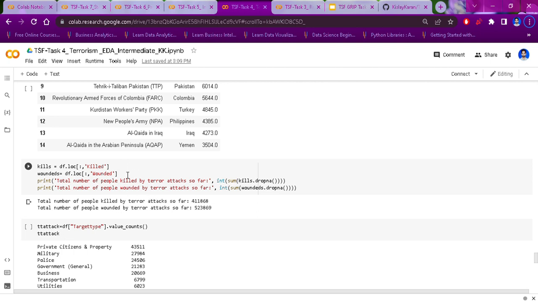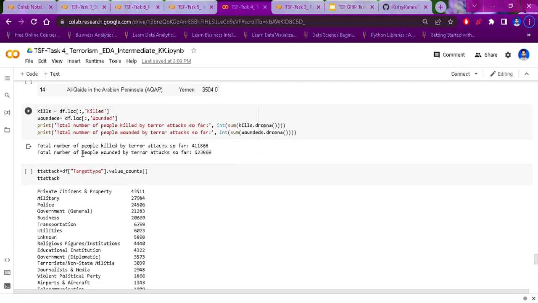So summing up the entire data set across the entire globe, between the time frame of the 1970s till 2020, for the 50 years, we'll be summing up the data for the total number of kills and woundeds which resulted from the terror attacks performed by the terror groups.